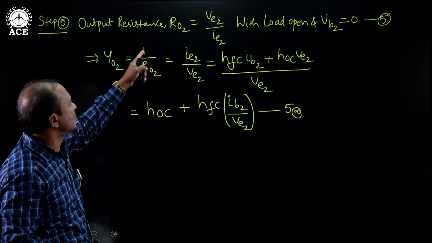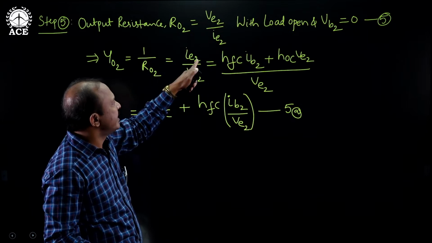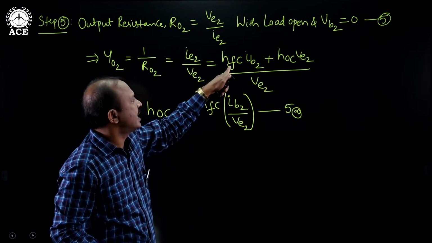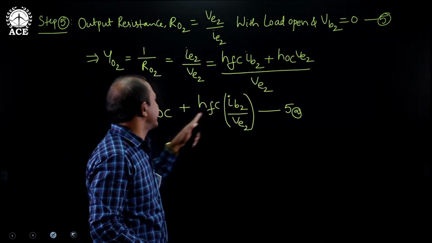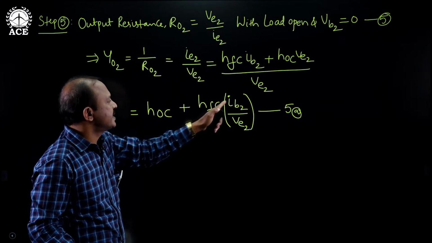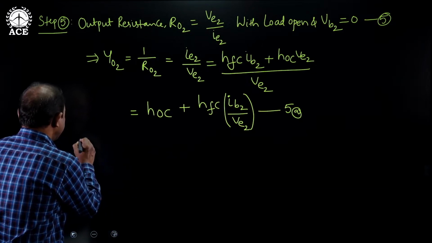So Y02 equal to 1 by R02, that is IE2 by VE2. We have an equation for IE2. We applied KCL at node E2 and we got this equation, and I have used that equation as it is. Simply in second term VE2 gets cancelled. So I wrote second term as HOC and in the first term HFC into IB2 by VE2. Let it be.